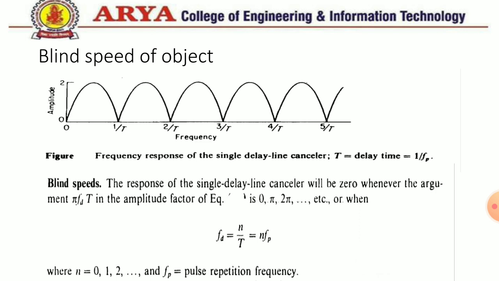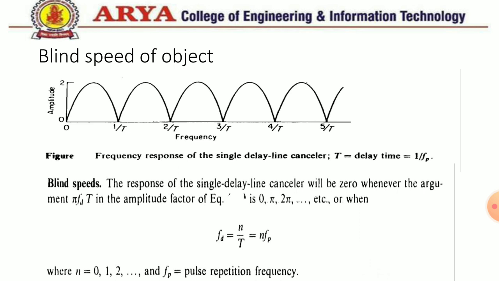In this basic diagram one can observe we eliminate low frequency noise, which is ground clutter. Low frequency is the area where the magnitude is minimum. We can see here the magnitude is minimum, so we have elimination of low frequency noise.